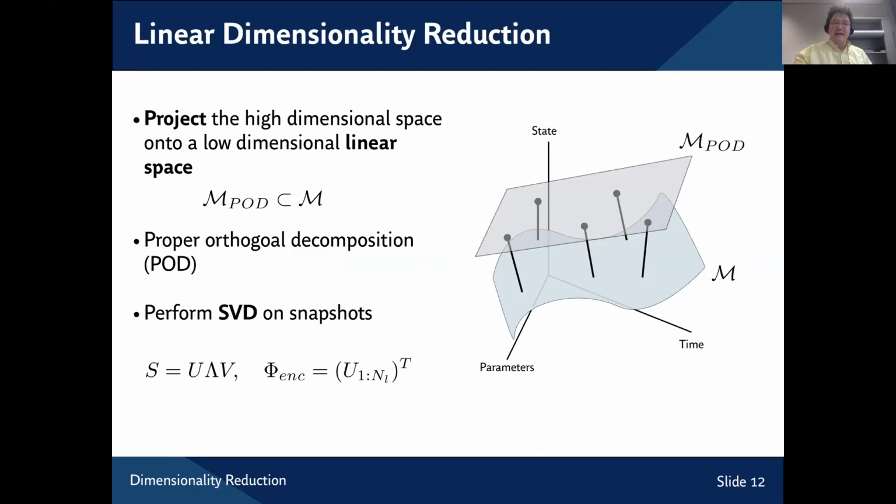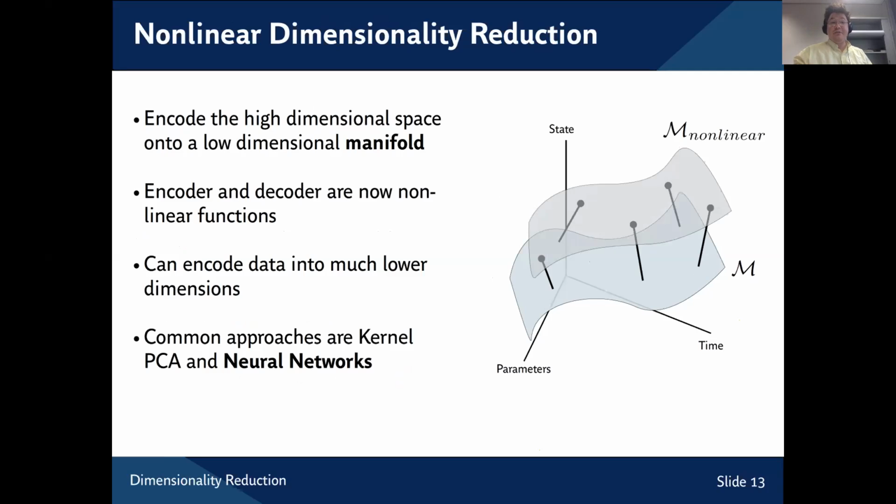However, it has been shown in many cases that this approach does not work well for heavily nonlinear problems and for advection dominated problems, which is why we want to look into nonlinear dimensionality reduction. Again, the fundamental idea is the same, but instead of encoding the state onto a linear manifold, we now assume that the latent space can actually be a nonlinear manifold.